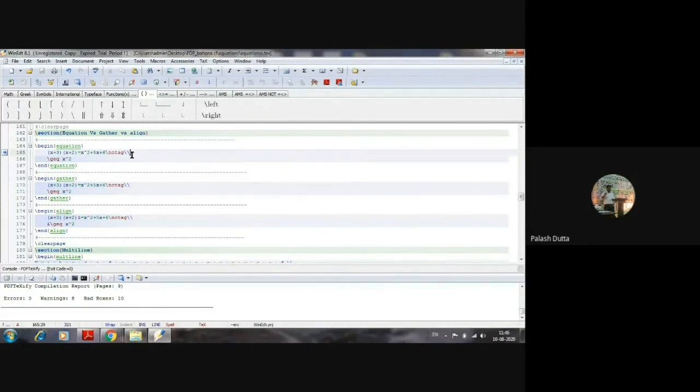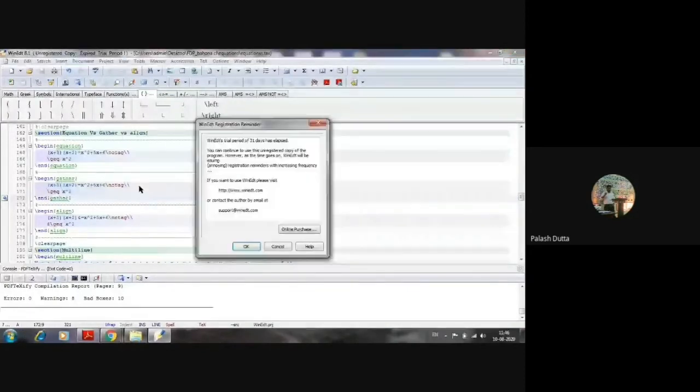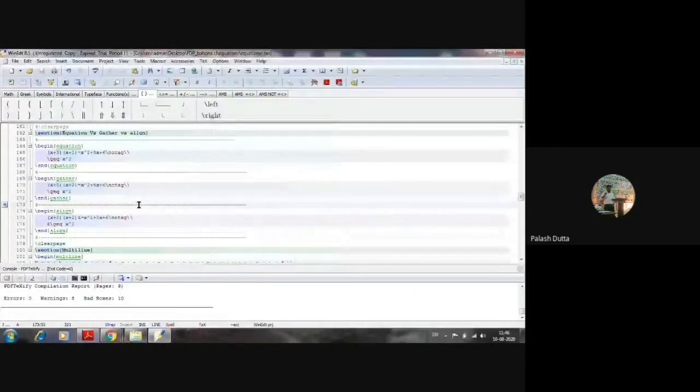Now come to begin gather and end gather. In between you can see we have written the same expression here. Instead of equation we have written gather here, right? Then we will have this expression here.